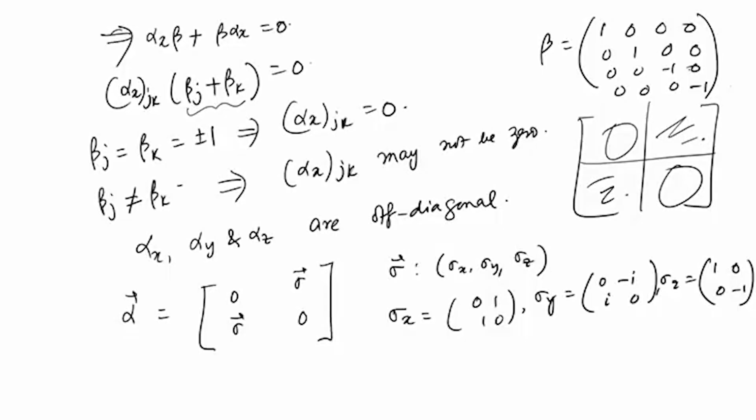And it is also not difficult to show that if they are 2 by 2 matrices, then you can't find a fourth matrix that anti-commutes with all three.